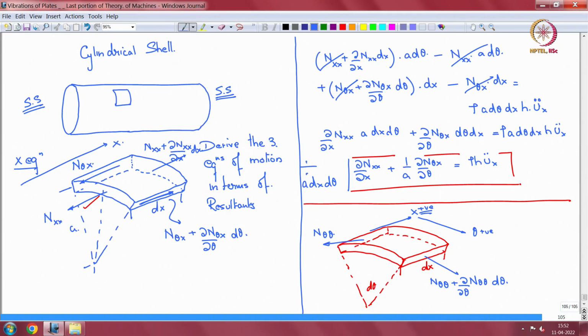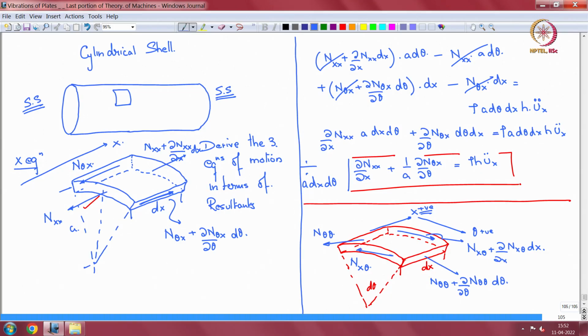So what else contributes? On the x face in the theta direction, I get a negative force n_x theta, and this is the incremented n_x theta plus del n_x theta by del x dx. What else?